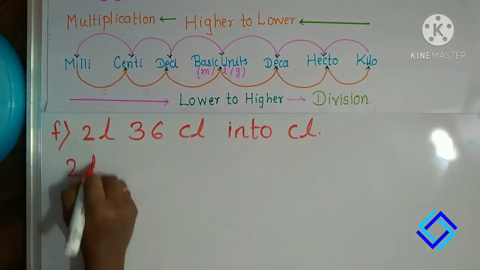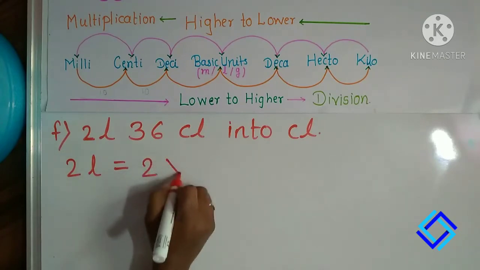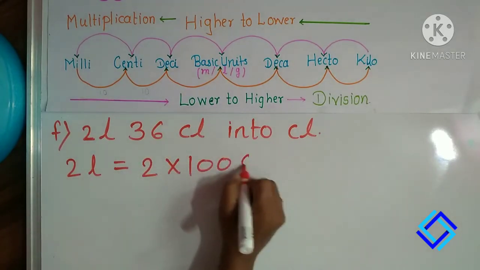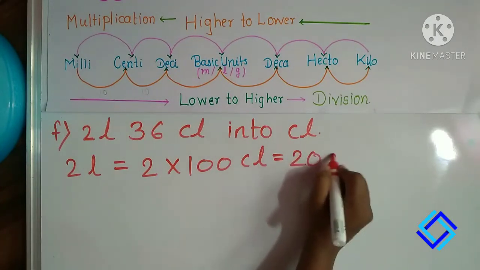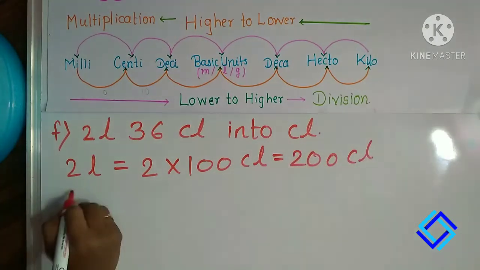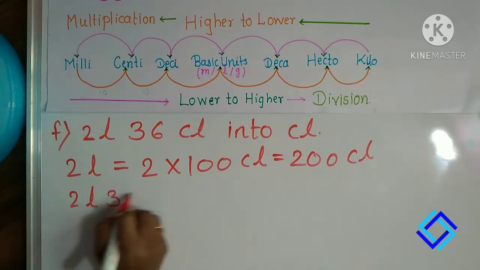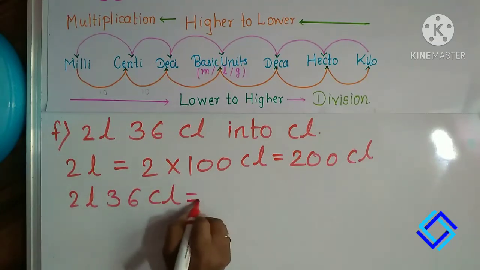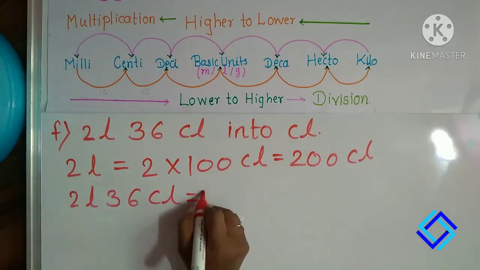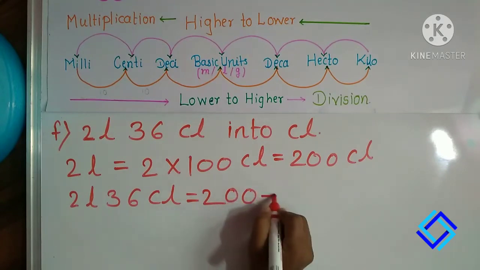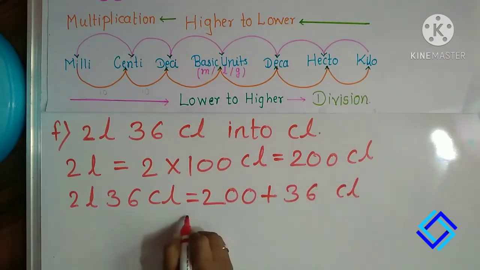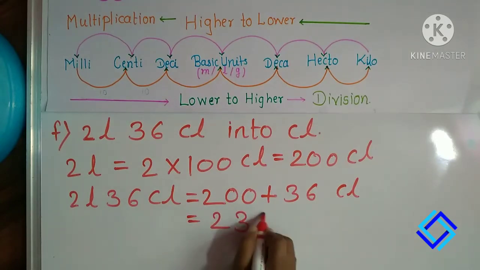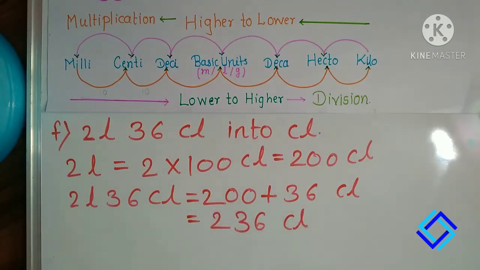So 2 liter is equal to 2 into 100 centiliter, so it's equal to 200 centiliter. So 2 liter 36 centiliter, 2 liter is nothing but 200 centiliter. So 200 plus 36 centiliter, it's equal to 236 centiliter.